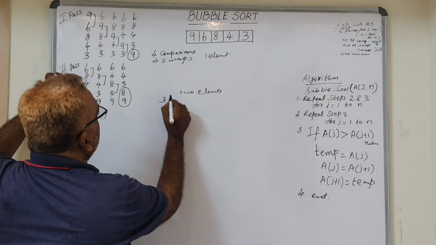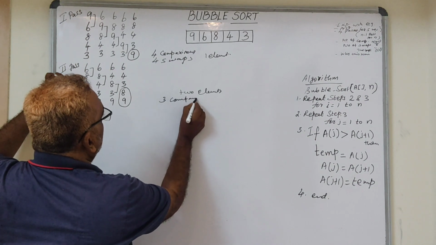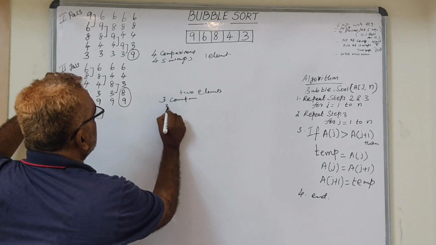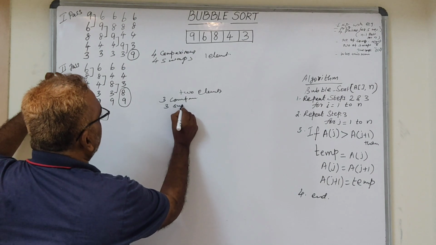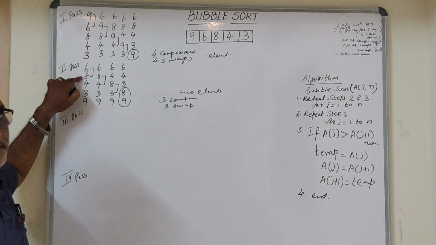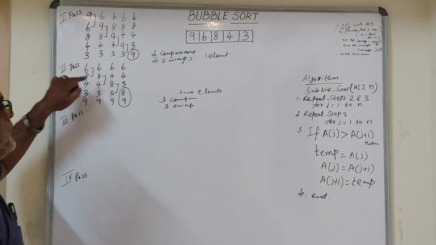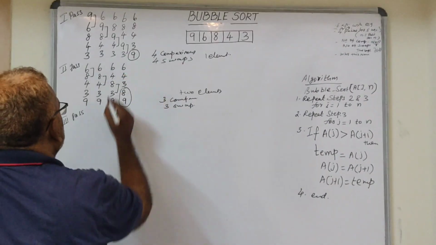Make a note that we have performed 3 comparisons and there is a chance for 3 swaps, but in this case we have performed only 2 swaps. The maximum number of swaps possible is 3.